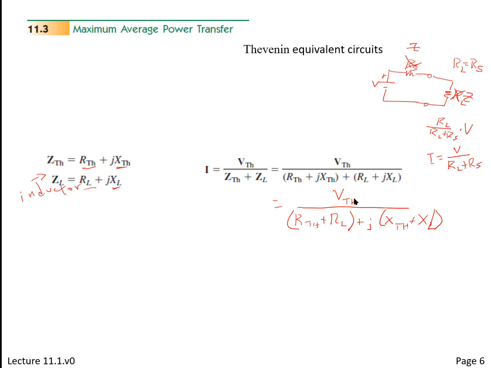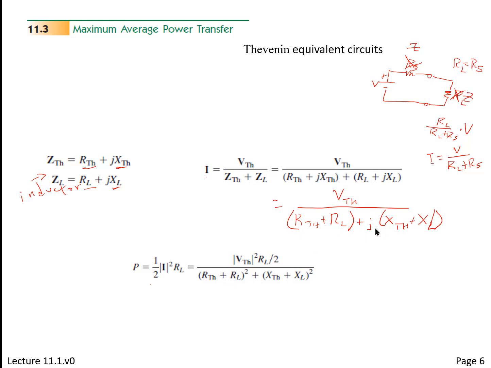Now, if I want to talk about the power of this, now that I've got it all grouped, what do I want to do? I've got my basic one half I squared RL, but this capital I is the vector I. It's the magnitude of I, so it's this I here, which is a full magnitude.